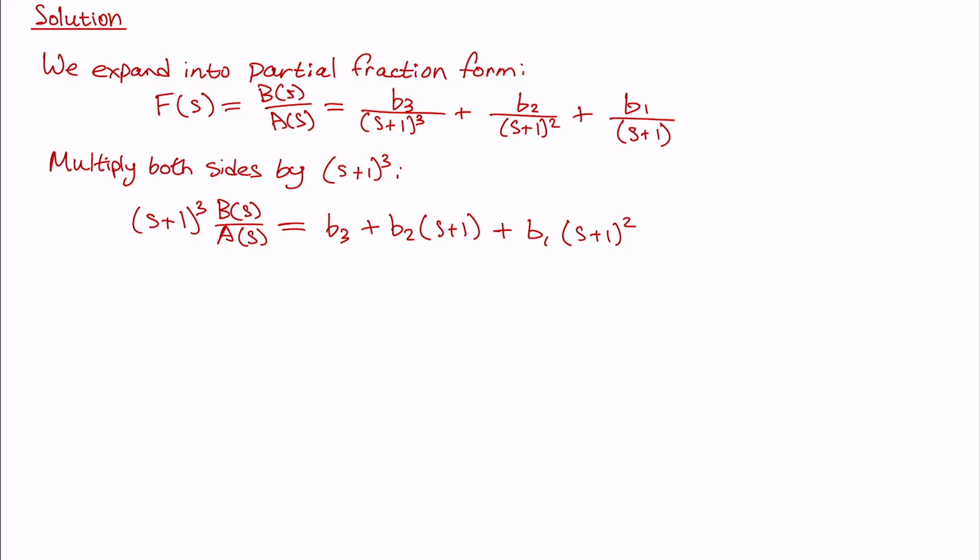At this point, we're going to then set s equal to -1. And on the right-hand side, we'll just get b3. So we'll get b3 is equal to this quantity (s+1)^3 times B(s)/A(s), evaluated at s equals -1.